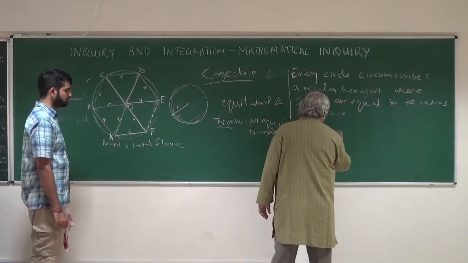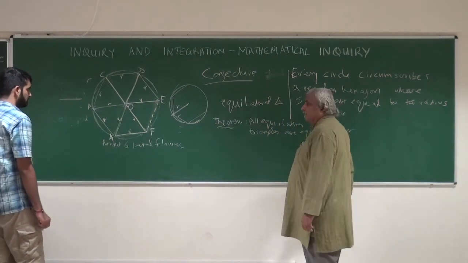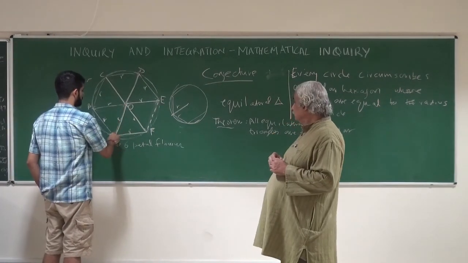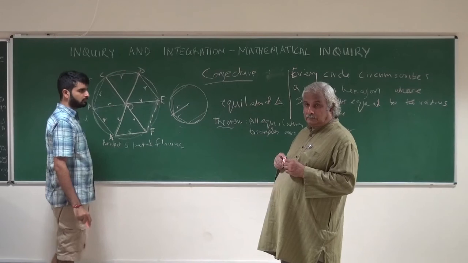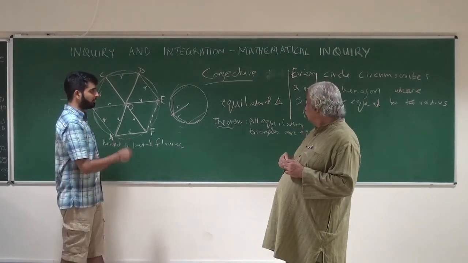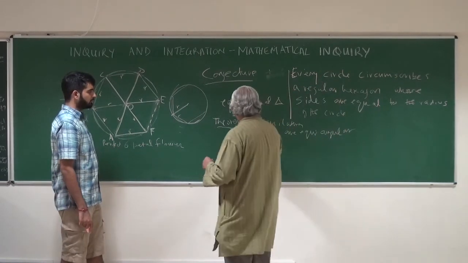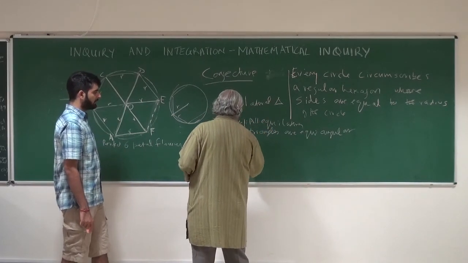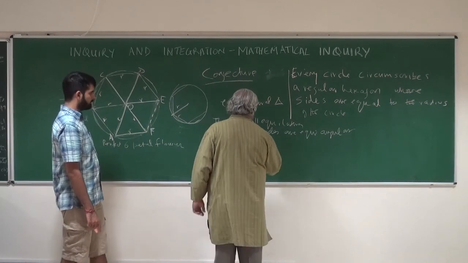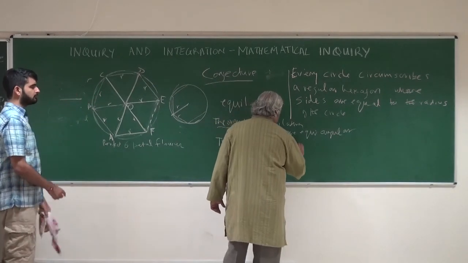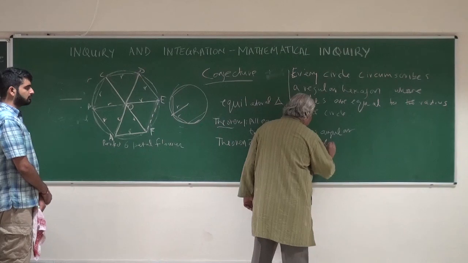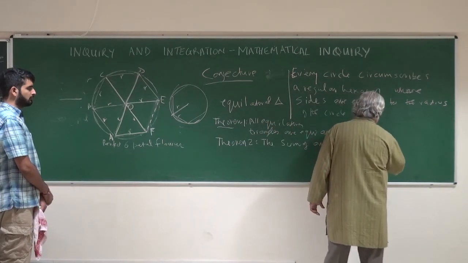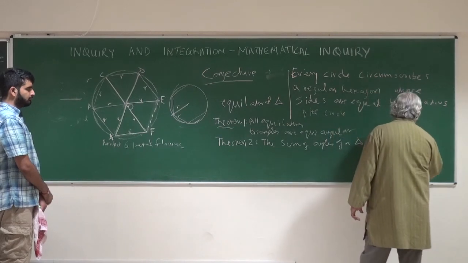Don't you also have a theorem that says that the angles in a triangle are equal to 2 right angles? The sum of angles. There is a theorem like that: the sum of angles of a triangle is 2 right angles.